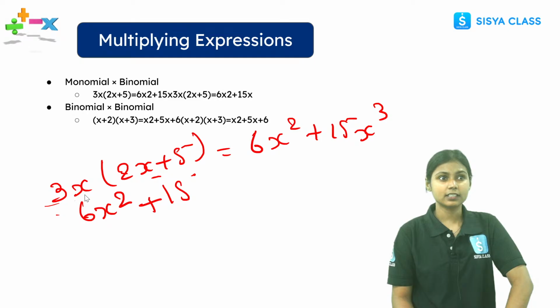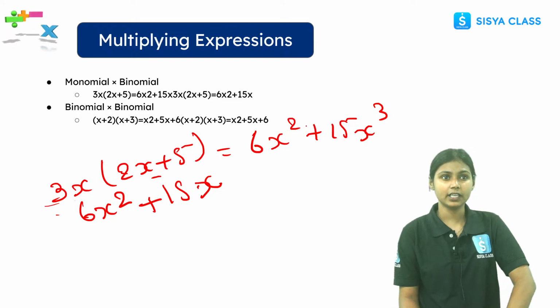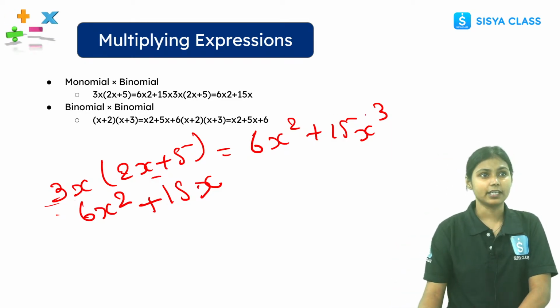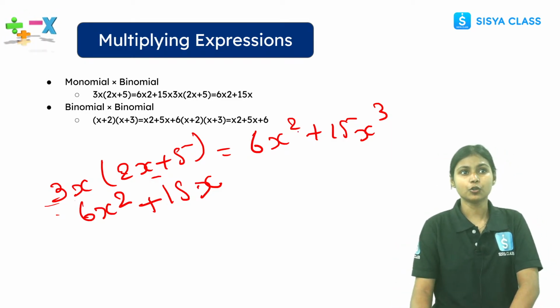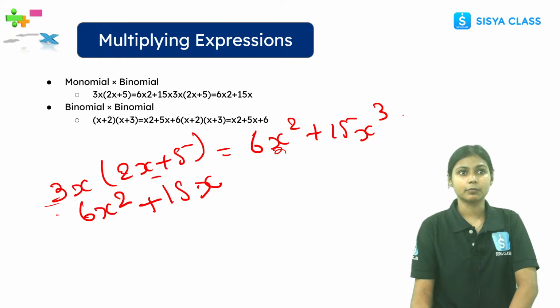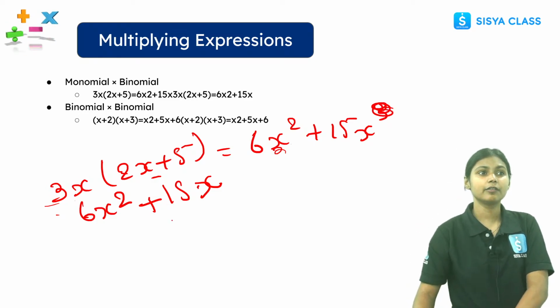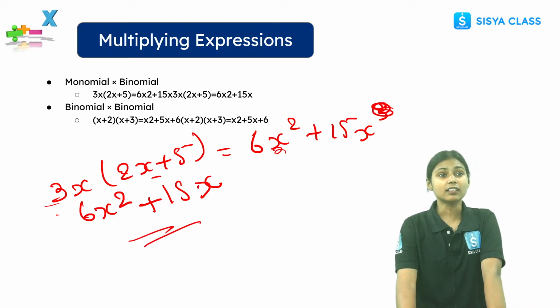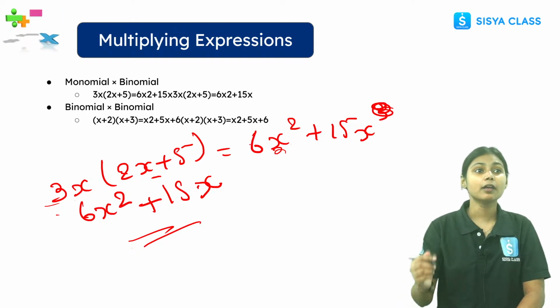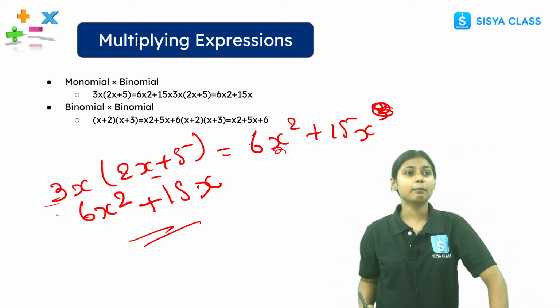And x is there, only x will be there, it will not be written as x cube. Just a minute, it's not cube. Okay, yeah, so it will be 15x. So that's how we are going to multiply a monomial by a binomial.